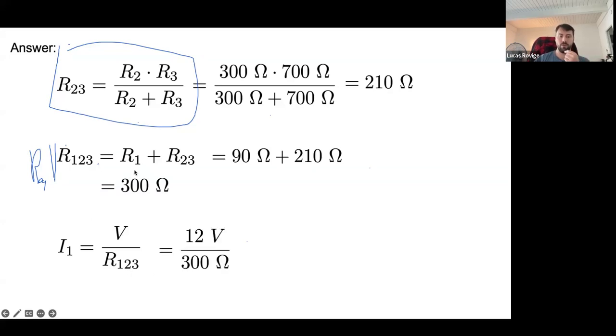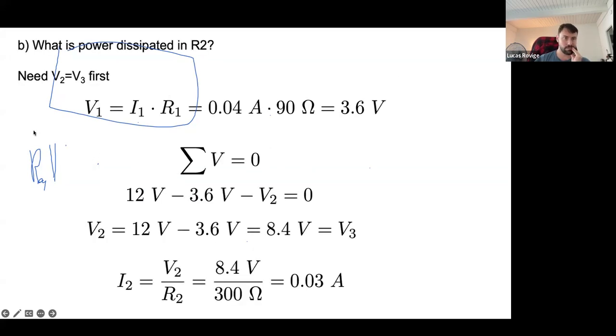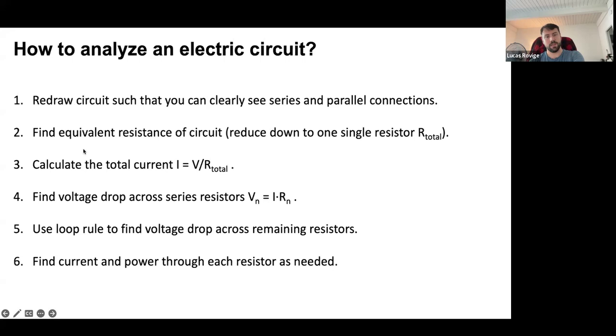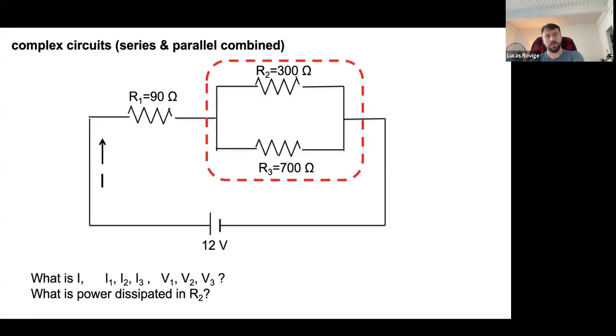So using Ohm's law, we see that the current is going to be 0.04 amps or 4 milliamps. So let's go back to the circuit.